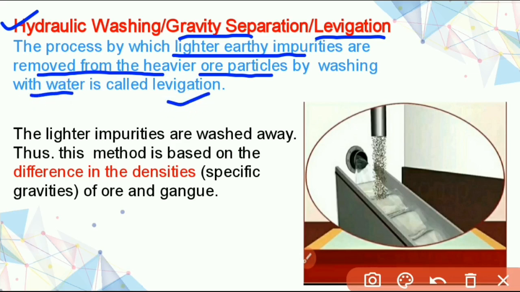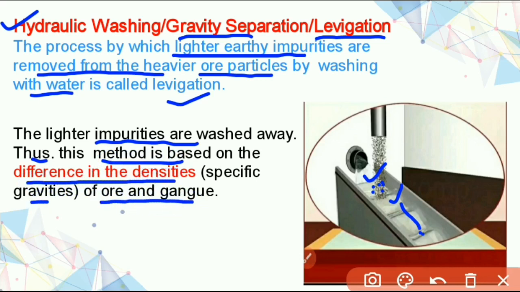See in this picture, when a stream of water is run through powdered ore, the lighter gangue particles are washed away and heavier ore particles settle down. So the lighter impurities are washed away. Thus, this method is based on the difference in the density, specific gravity of the ore and gangue.